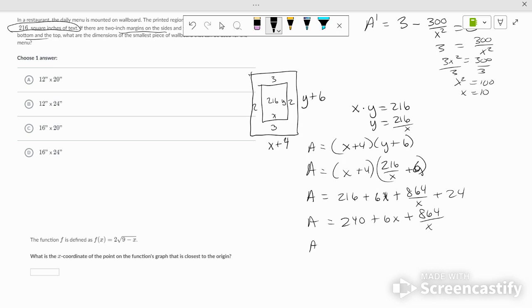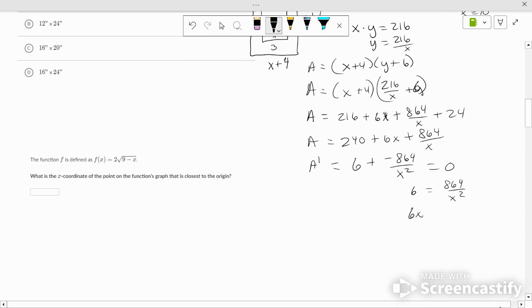Now you take the first derivative. So the first derivative equals 6 minus 864 over X squared. So that equals 0. So 6 equals 864 over X squared. 6X squared equals 864.